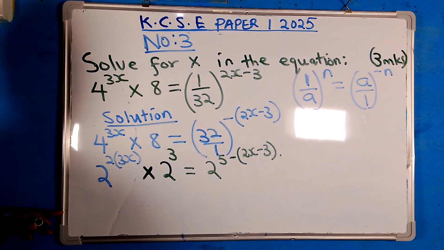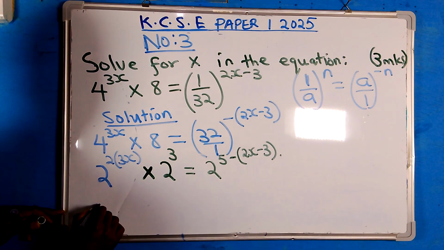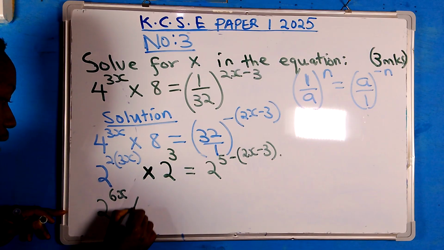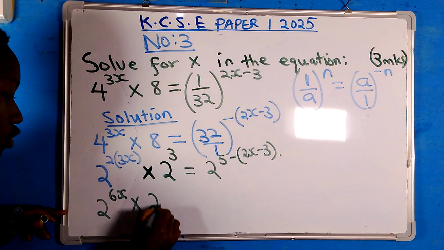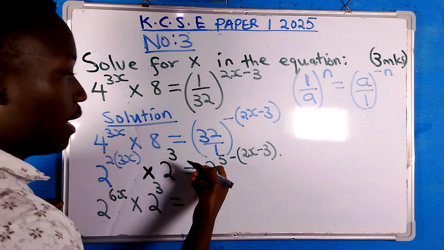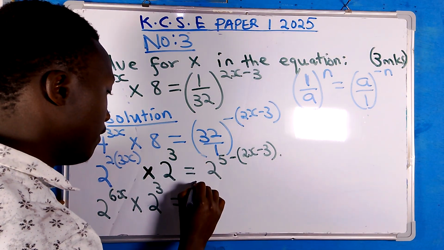So having that, we will have 2 to power 2 times 3 is 6x times 2 to power 3 is equal to 2 to power 5.